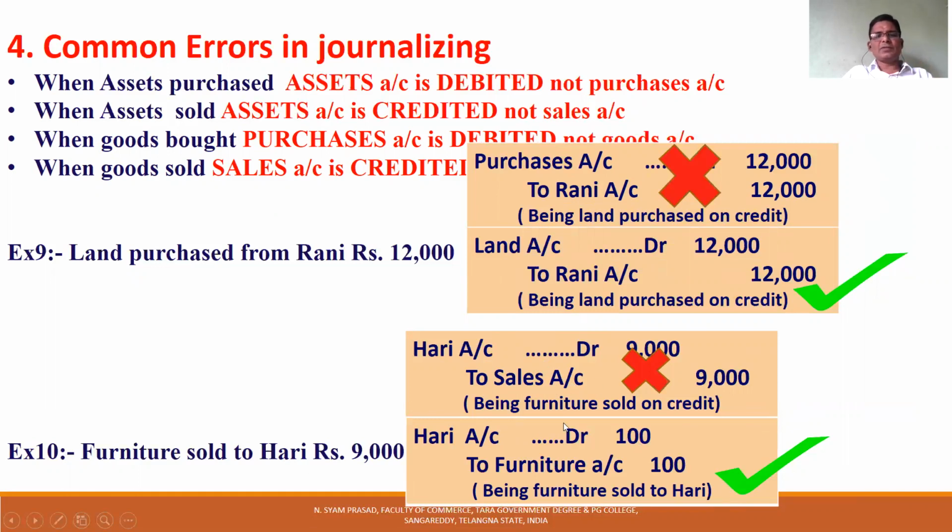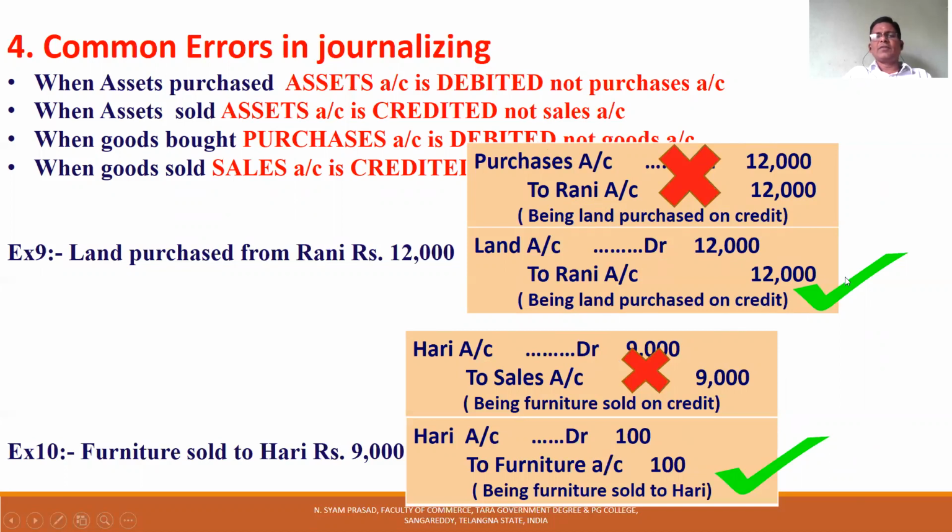So when furniture is sold, furniture account is credited and not sales account. What are the common mistakes made by the students? Purchase account is used for fixed assets also, and sales account is also used for fixed assets. This is wrong.